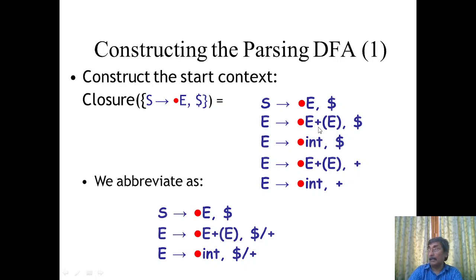Therefore, if something starts with a terminal symbol, its first can only be that particular terminal symbol, nothing else. That is the algorithmic part of it. And what is the logical semantics part of it? We said that the context was E. Here also the context is E, but here the look ahead changes.